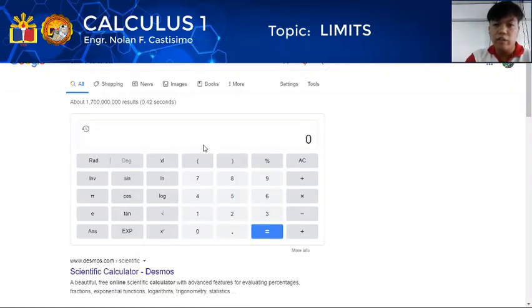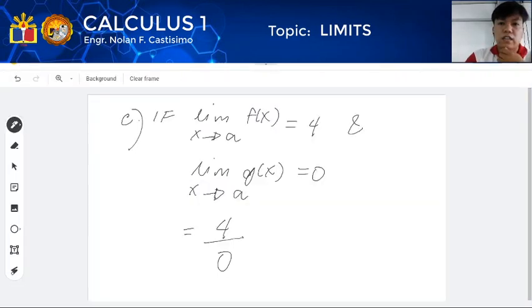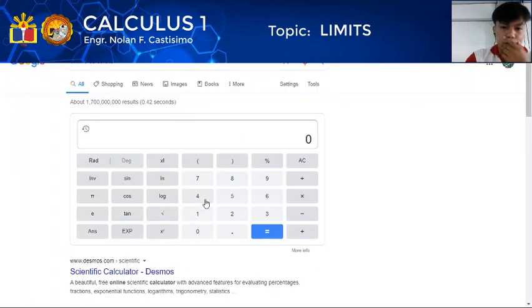Ito, scientific calculator natin. So, ano yung value natin? 4 divided by 0 equals. Okay. Sabi dyan, infinity. Yan yung sinabi ng calculator na yan.